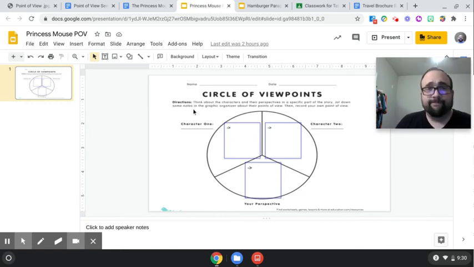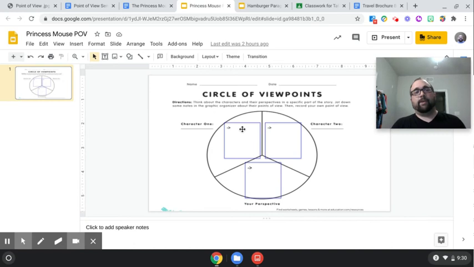Once you are done reading, you will think about the characters and their perspectives in a specific part of the story. Jot down some notes in the graphic organizer about their points of view. Remember, you're worried about their points of view. How are they feeling, right? Then record your own point of view. What did you think of the story? You're a participant in this too. You're reading it.